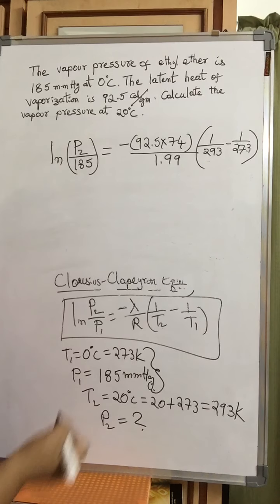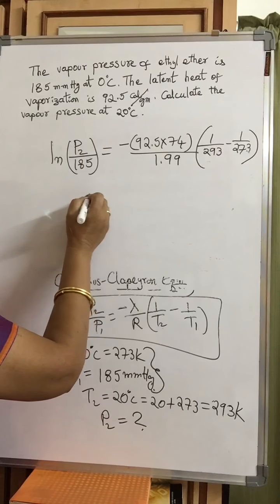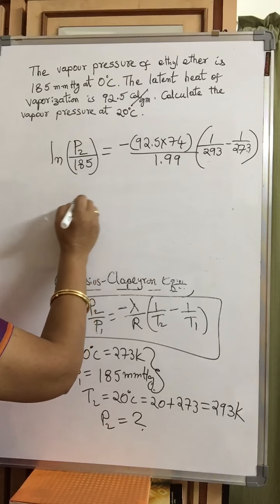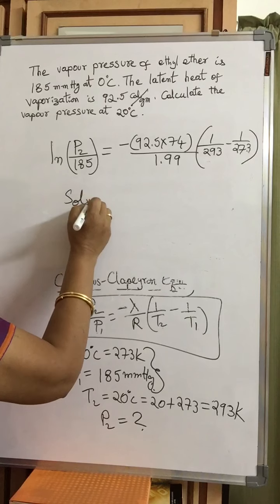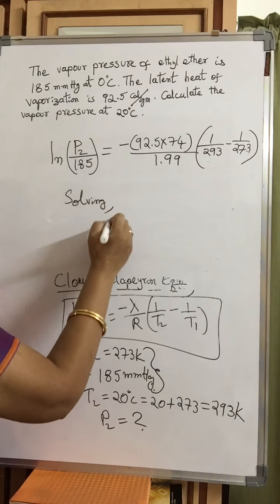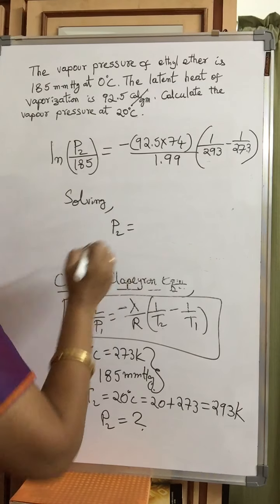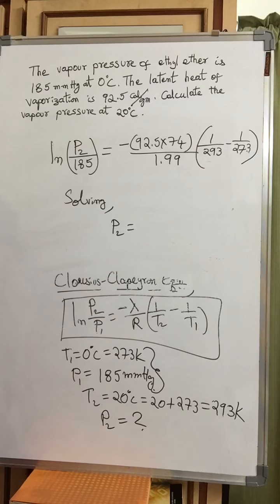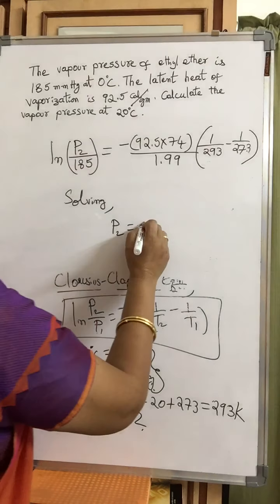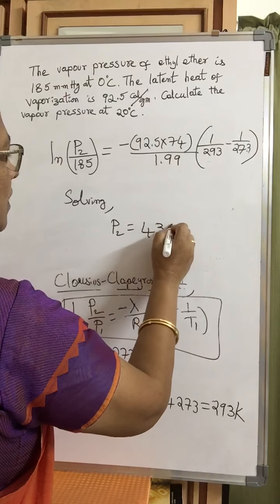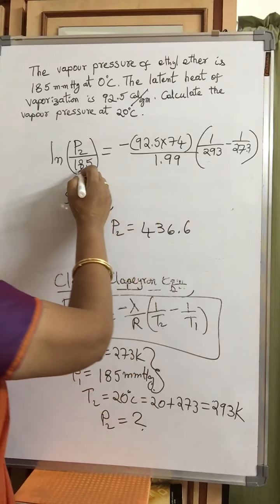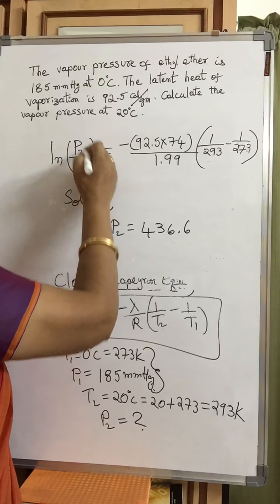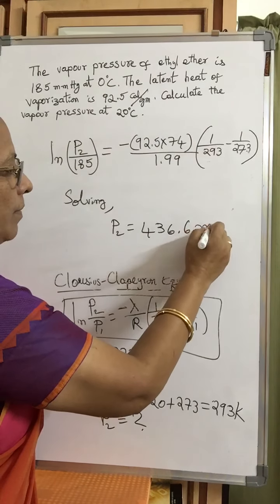Like that you can write. So solving, P2 is equal to 436.6, because 185 is in mm Hg, P2 is also in mm Hg only.